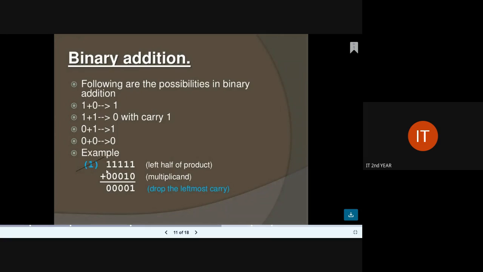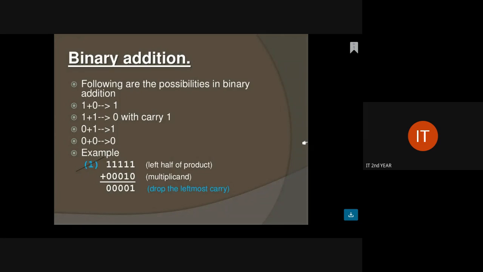We get 1 plus 0 is 1, 1 plus 1 is 0 with carry 1, again 1 plus 1 is 0 with carry 1, again 1 plus 1 is 0 with carry 1. So this final carry will be dropped out. This is the basic procedure. We will be dropping the leftmost carry bit while dealing with signed integer multiplication.